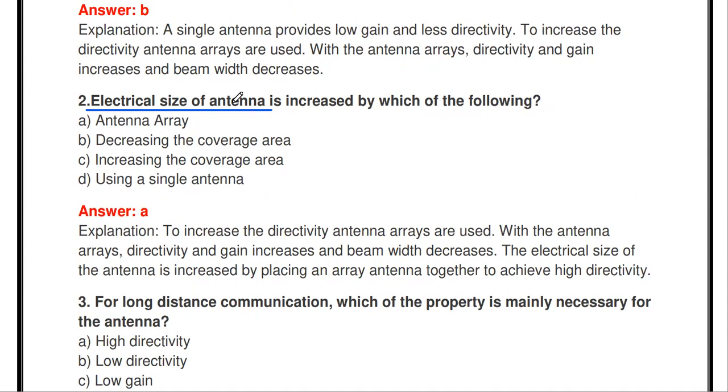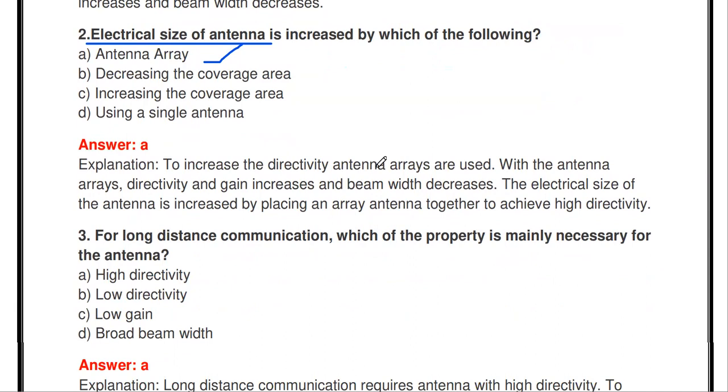So the electrical size is increased in the antenna array concept. To increase the directivity, we are using the antenna array. In the antenna array, similar antennas are placed at some constant distance. So that's why the electrical size of that antenna increases.